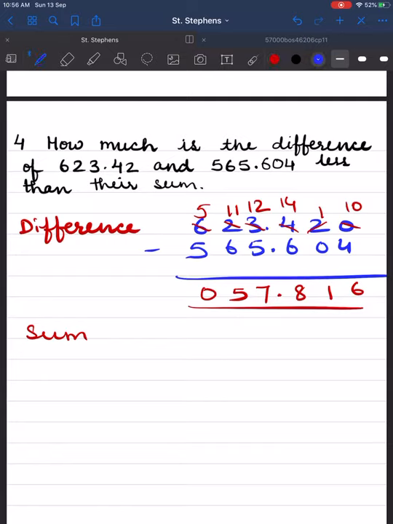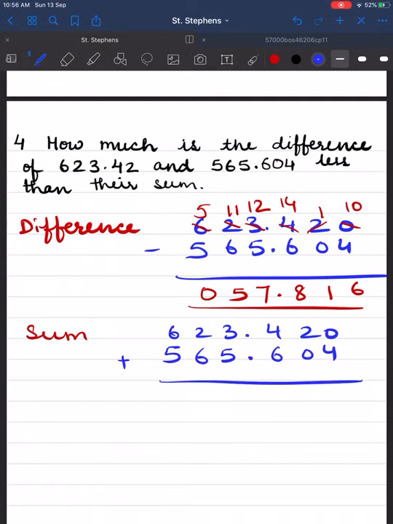Now let's find out the sum. So here we have 623.420 plus 565.604. So here we get 4, 2, 10, we write 0 and we carry 1, decimal below decimal. Here 9, 8, 11.